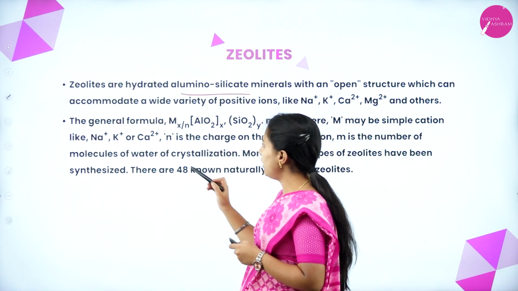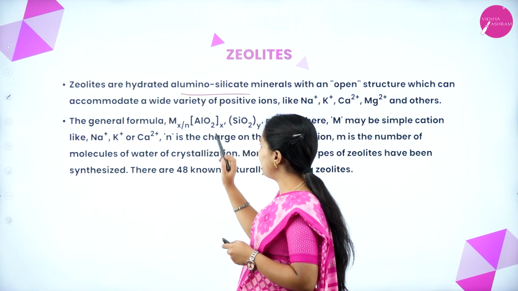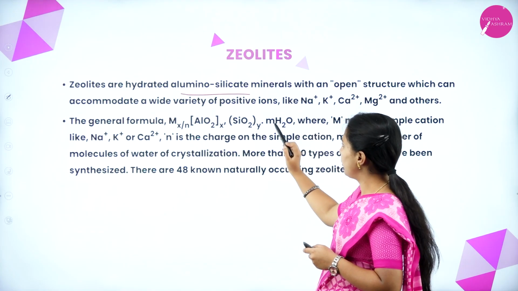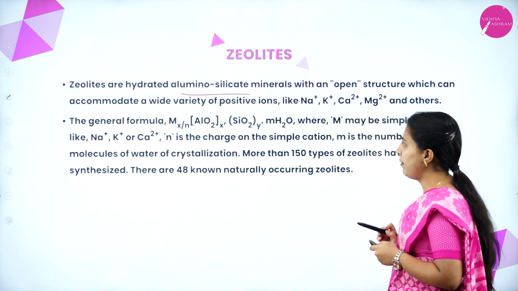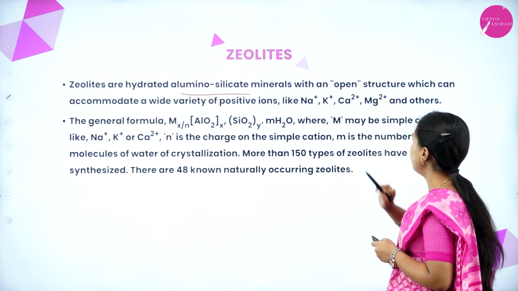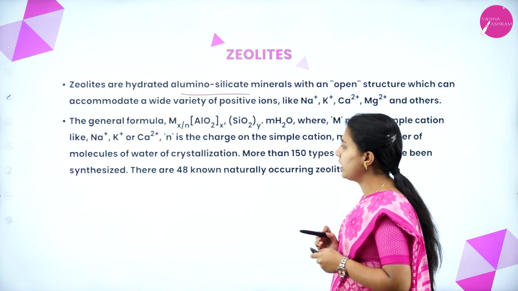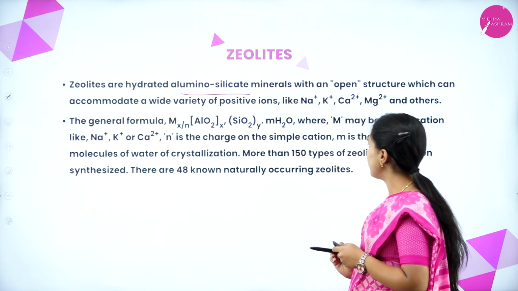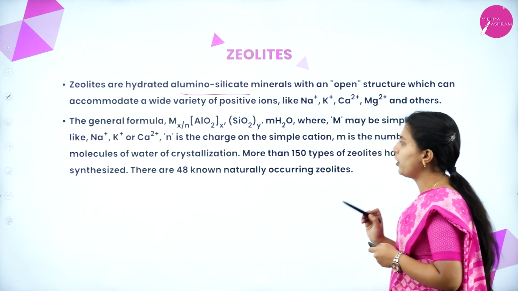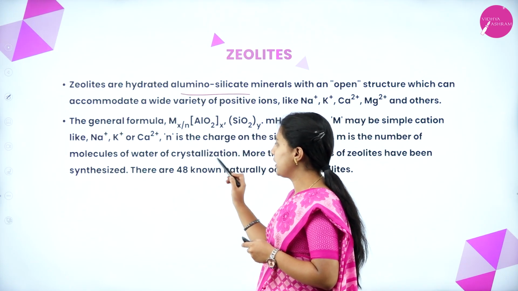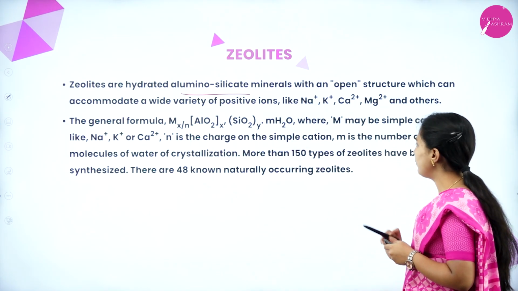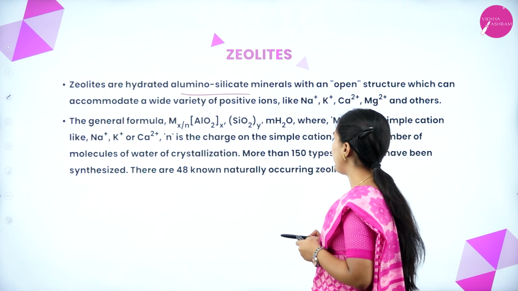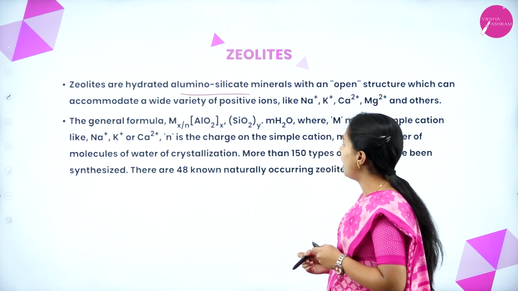The general formula is M(x/n) Al2O3 . ySiO2 . mH2O, where M may be a simple cation like sodium, potassium or calcium. n can be the charge on the simple cation. m is the number of molecules of water of crystallization. More than 150 types of zeolites have been synthesized. There are 48 known naturally occurring zeolites.